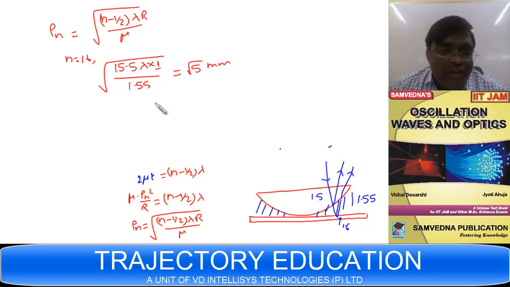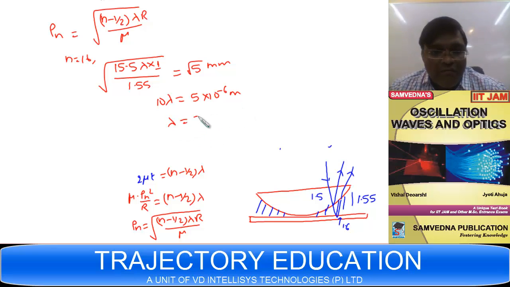If I square this, I'll get 10 lambda equals 5 into 10 to the power minus 6 meter, or lambda will be 5 into 10 to the power minus 7 meter. This will be the value of lambda.